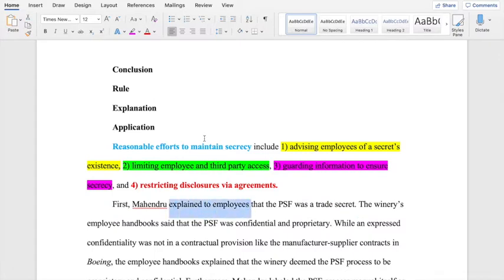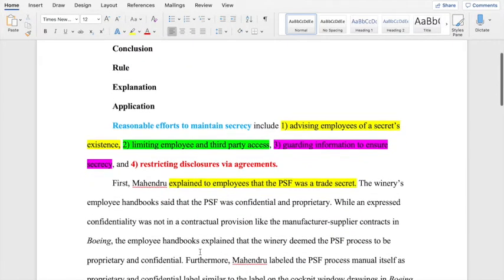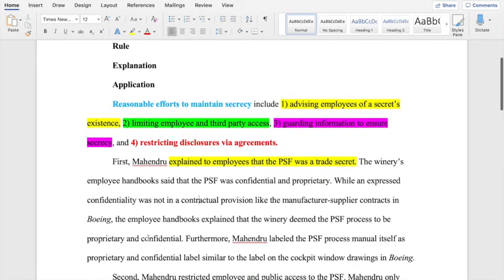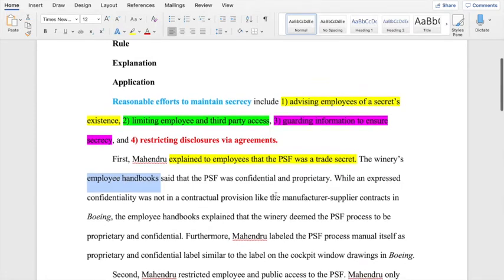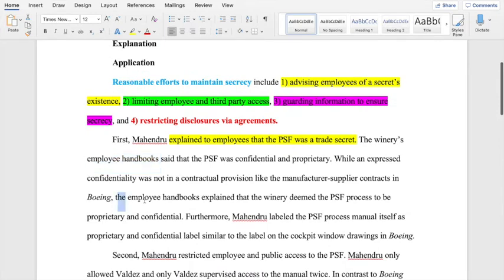That is actually that first subtopic on the list, that she explained to the employees that the PSF was a trade secret. And we see more about that here, that the employee handbook said that it was proprietary and confidential, that the manual labeled itself as proprietary and confidential, and the whole way through you can see that there are comparisons made to Boeing.